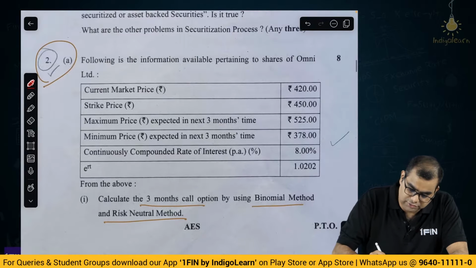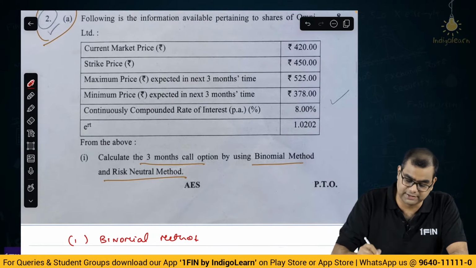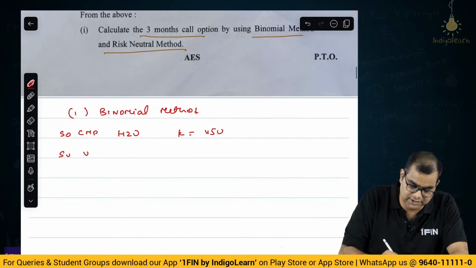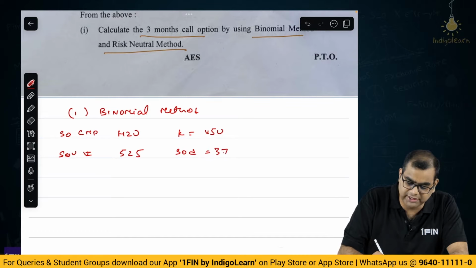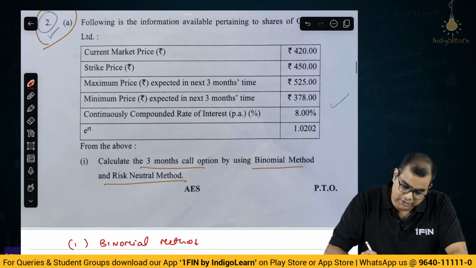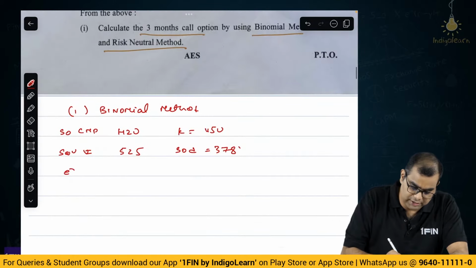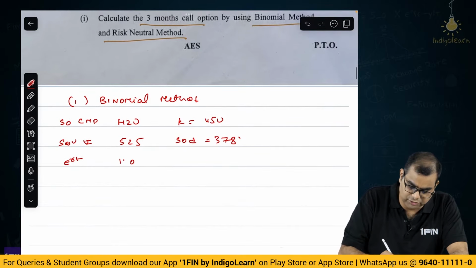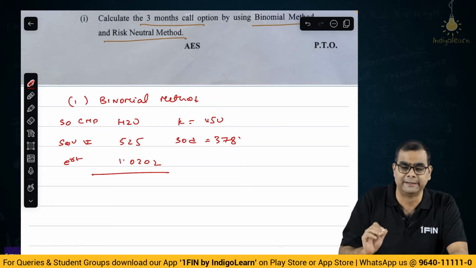K is 450. S0U, which is the high price, the maximum price expected in 3 months, is 525. S0D is 378. e power RT, they have already computed as 1.0202, right? This is given data.